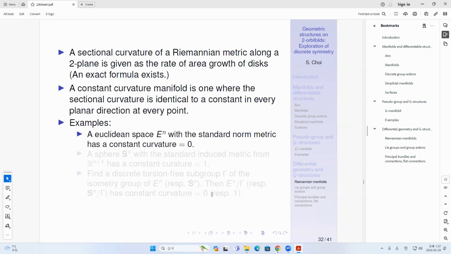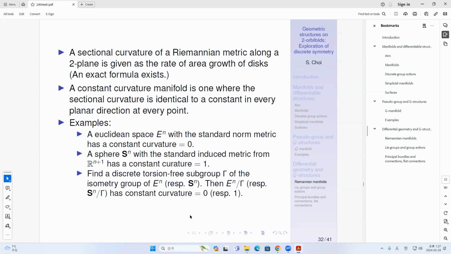For example, a Euclidean manifold with the standard norm metric has constant curvature equal to 0. Sn with the standard induced metric from Rn+1 has constant curvature equal to 1. If you take any discrete torsion-free subgroup Gamma of the isometry group, then it acts properly and freely, so En modulo Gamma has constant curvature. Of course, you can say the same thing for Sn.